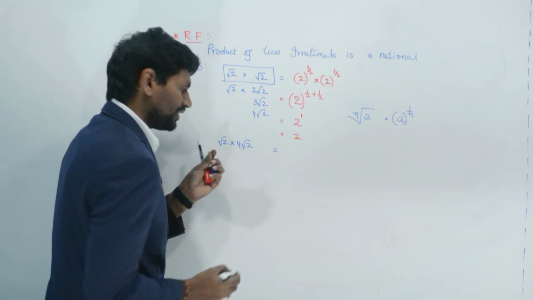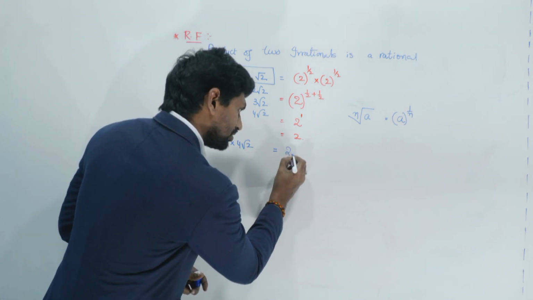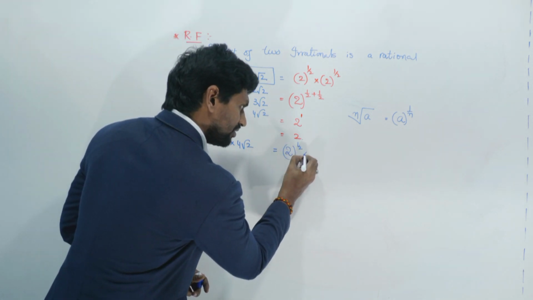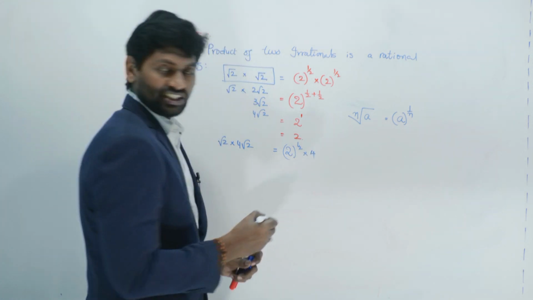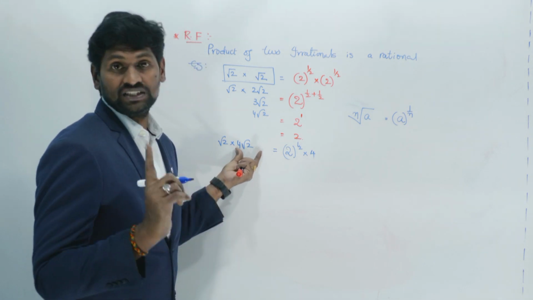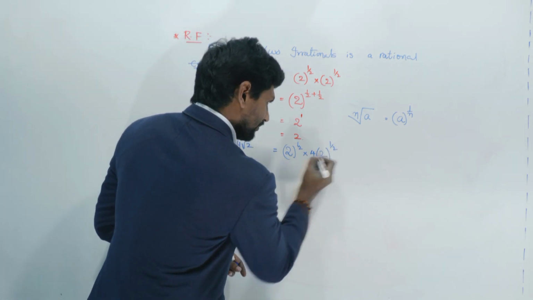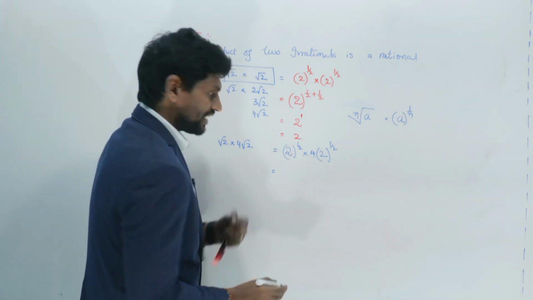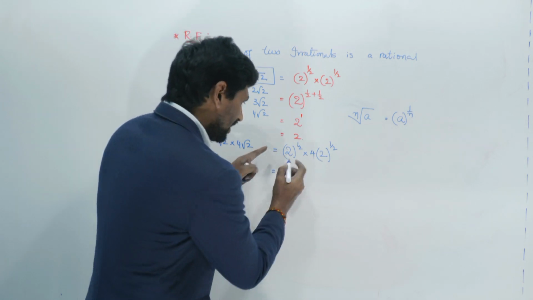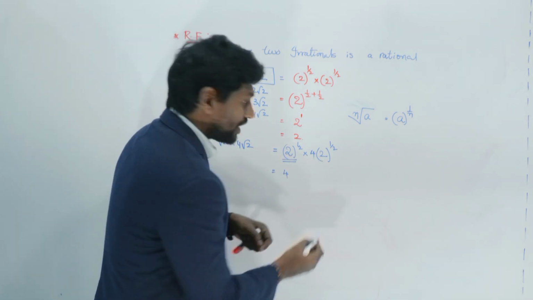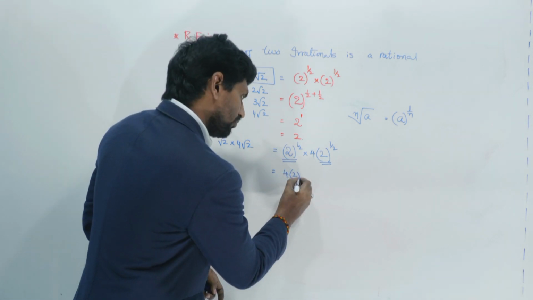Now I am going to express root 2 in exponential form. That is 2 power 1 by 2 into 4, as it is 4. It is already a rational number, and 4 root 2 is a mixed surd. I can write the 4 in front, and 2 power 1 by 2 and 2 power 1 by 2 give 2. 4 twos are 8.